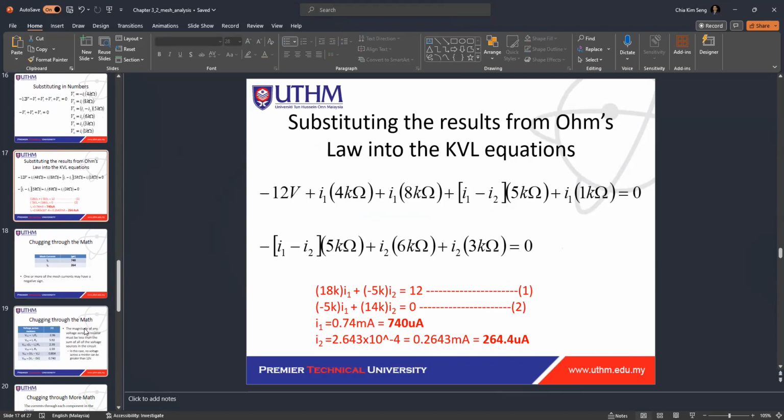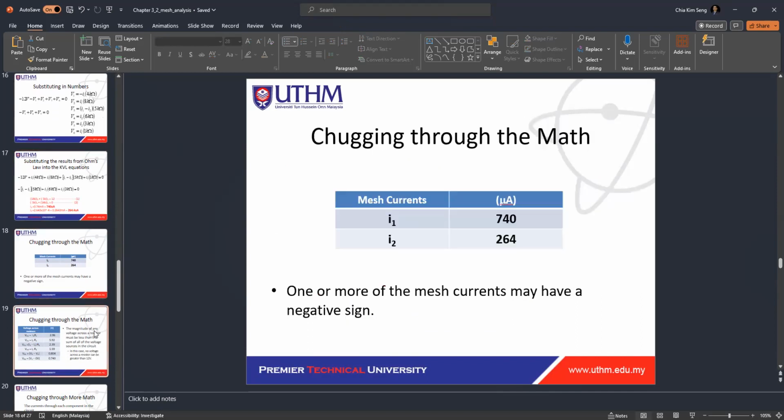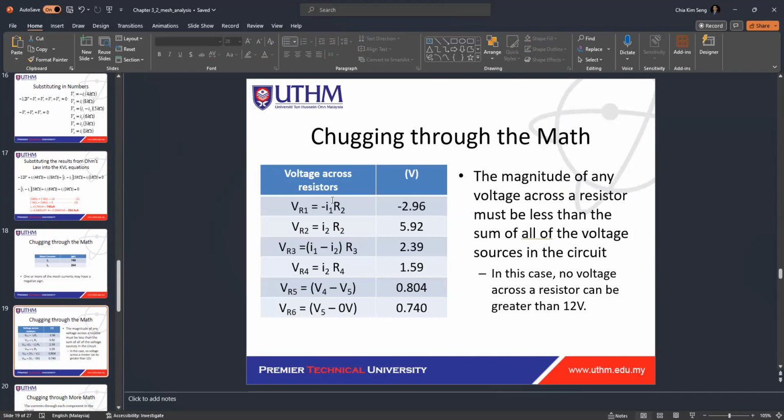Even though eventually you can get the correct answer, you increase the chances of getting a wrong answer, so don't do such a thing. Okay, and after you have done that, you have I1, I2, so you multiply by its respective resistor and you're going to get an answer.